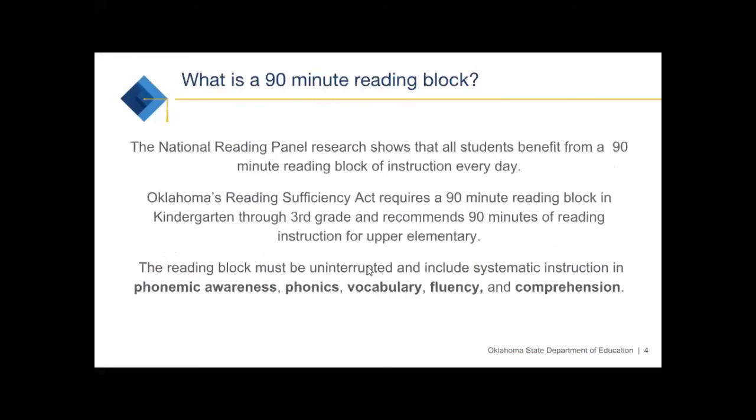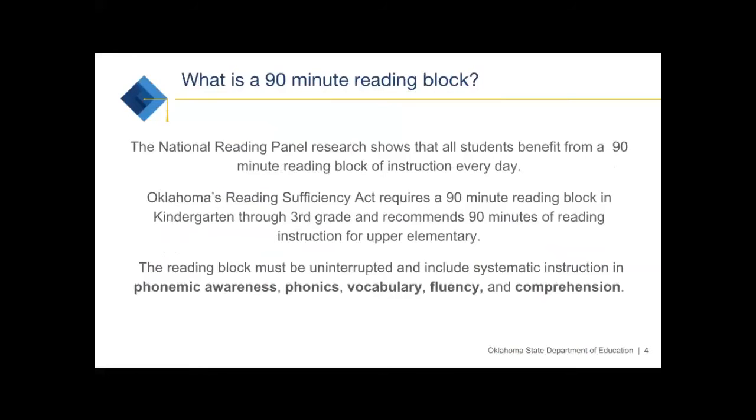So what is the 90-minute reading block? The National Reading Panel research shows us that all students benefit from a 90-minute reading block of instruction every day. Oklahoma's Reading Sufficiency Act requires a 90-minute reading block in kindergarten through third grade and recommends 90 minutes of reading instruction for upper elementary.